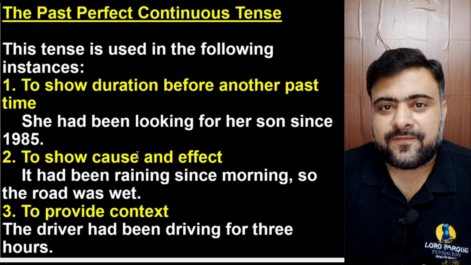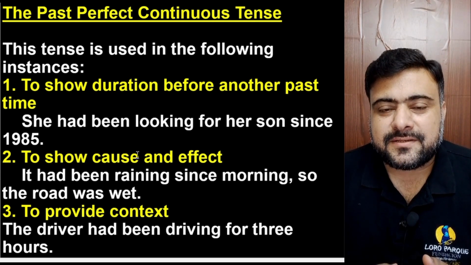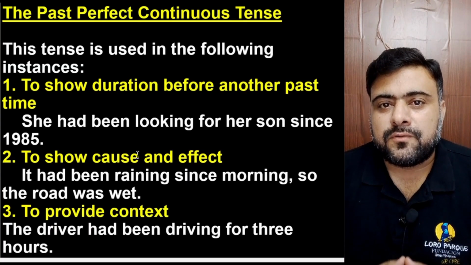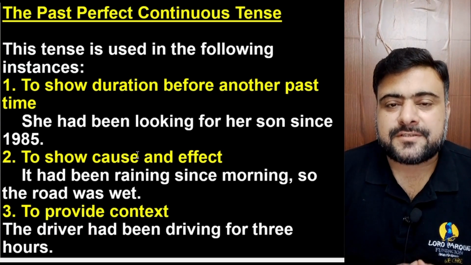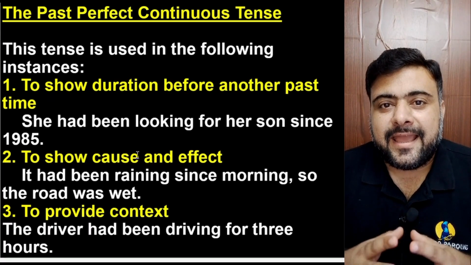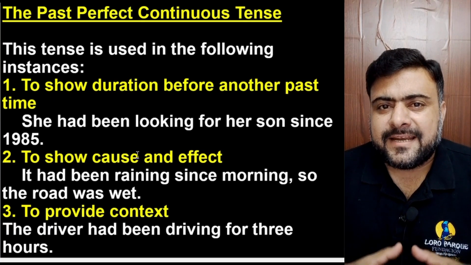So, 1985 is the past of another past, is the past of 2010. So, the action was continued in the past of another past. She had been looking for a son since 1985.